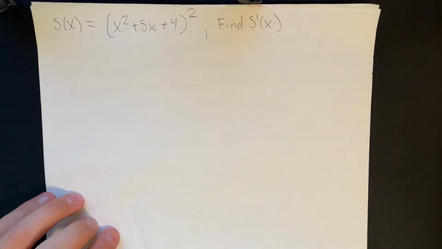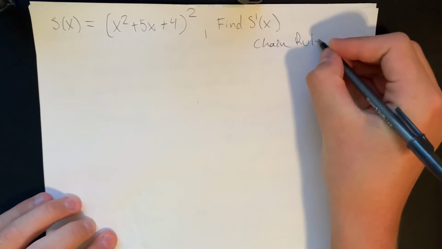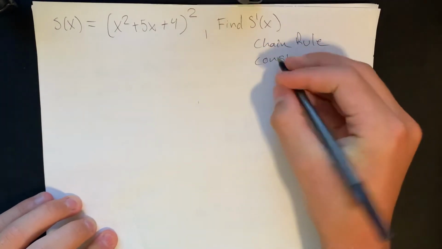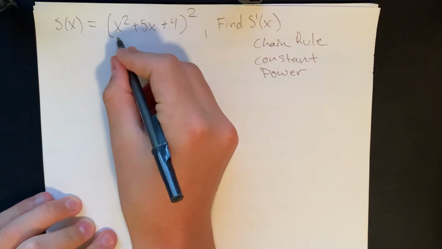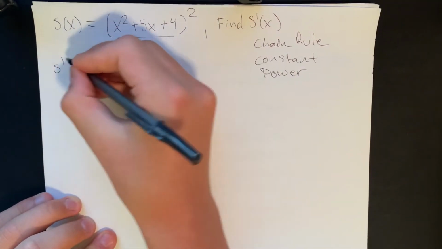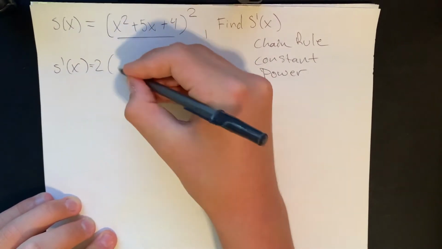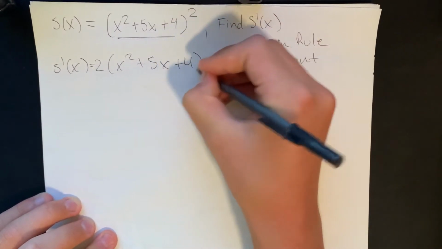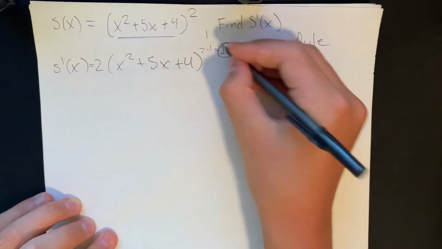And then this one, you're going to use chain rule and your constant rule technically, and power. So initially you take the chain rule of this, so you'll get for s prime of x, you'll get 2, then you have the parentheses x squared plus 5x plus 4, and then it'll be 2 minus 1, or just 1, so you'll have nothing there.